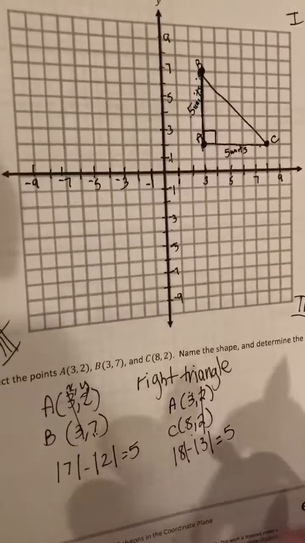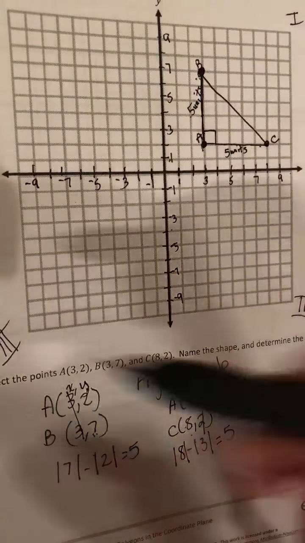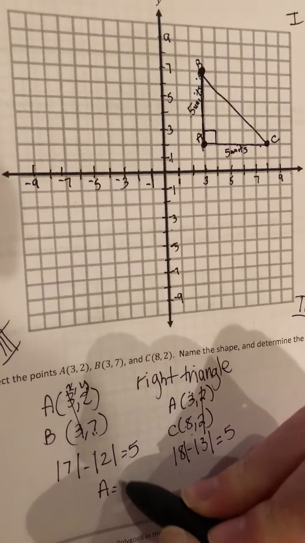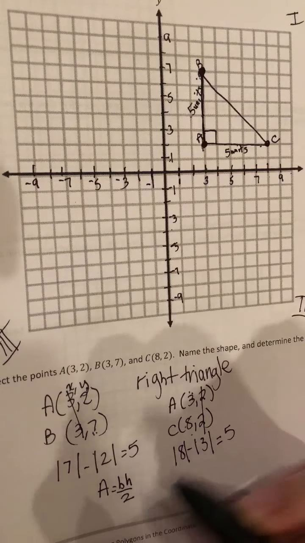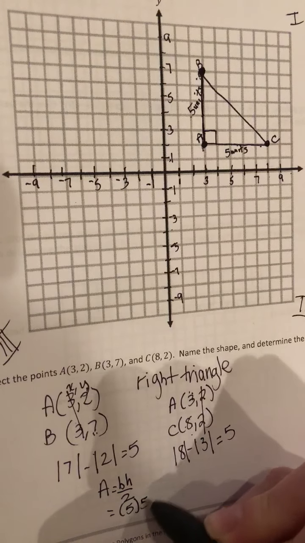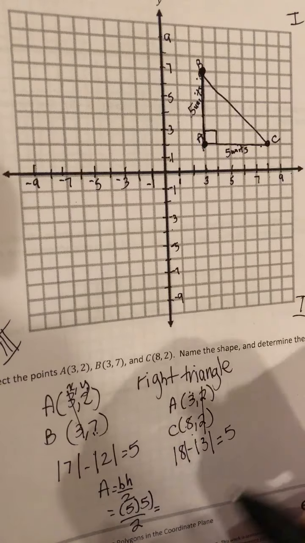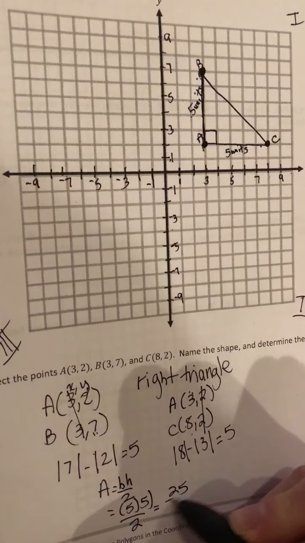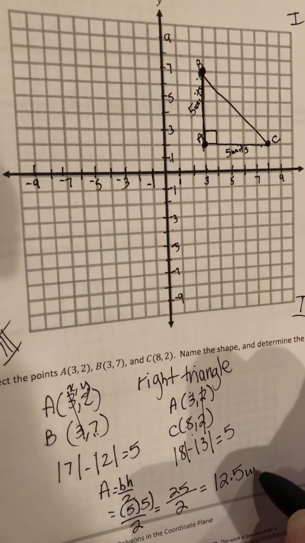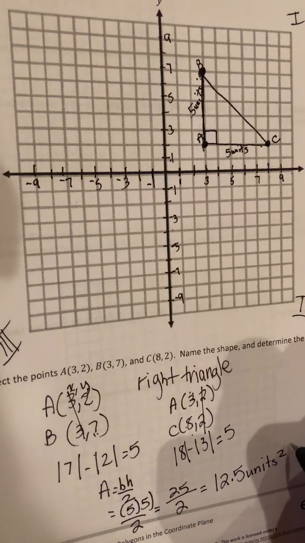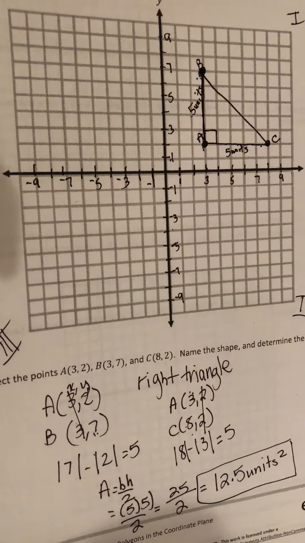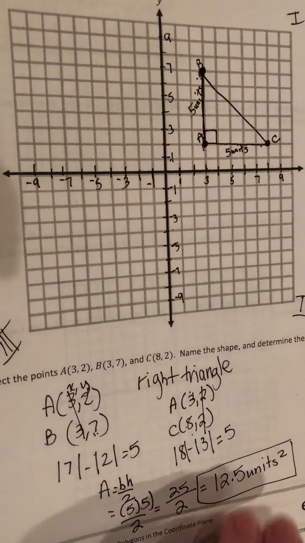So to find the area of a triangle, they are both whole numbers, so here's my area, A equals BH divided by 2. The base is 5, the height is 5, divided by 2 equals 25 divided by 2, which is 12.5 units squared. There is your area for that first polygon, that first shape.